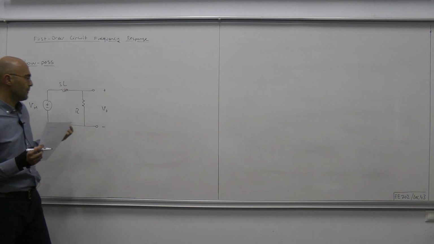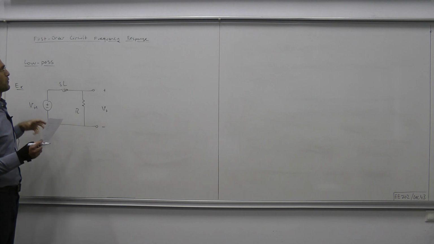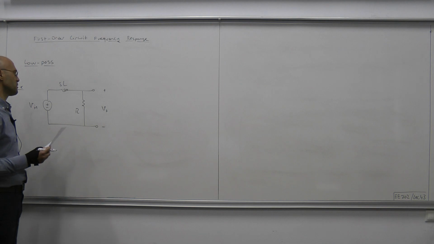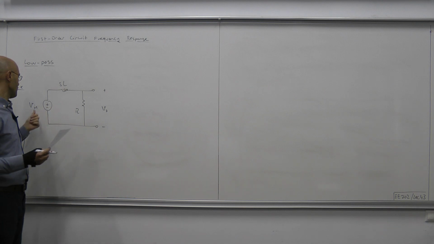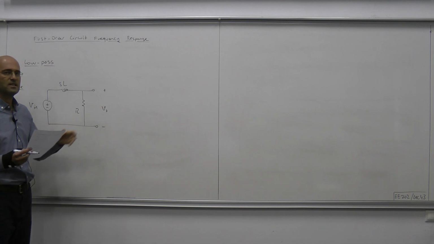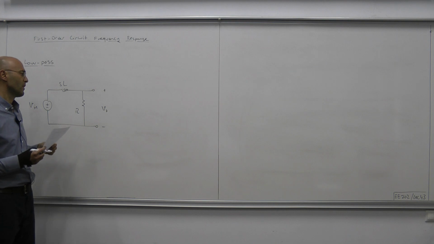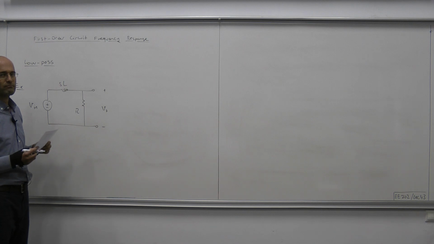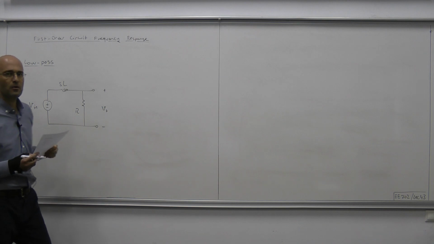Now, to determine what type of frequency response this circuit should produce, what we would do formally is obtain the transfer function from this input to that output, and then by plotting the gain of H omega, where H of S is the transfer function, we can determine the type of frequency response that this first order circuit would produce.